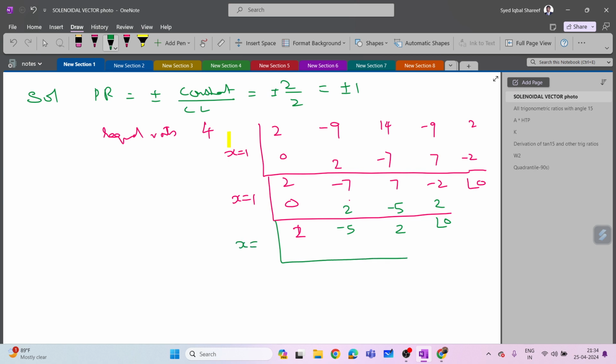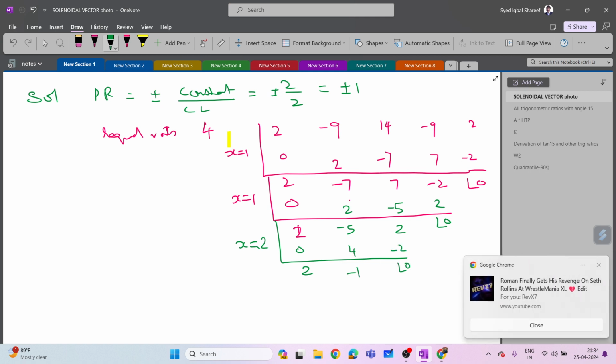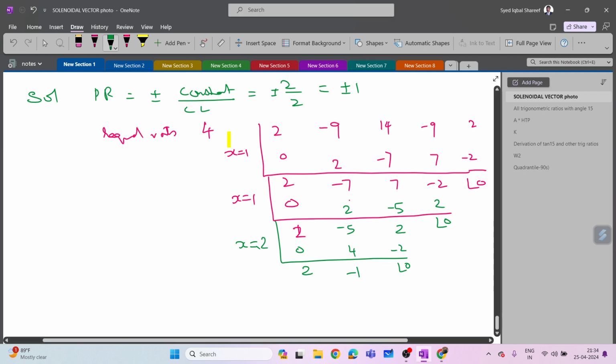Now I will take x equal to 2. 1 times 2 times 2 is 4. Minus 5 plus 4 is minus 1. 2 times minus 1 is minus 2. Plus 2 minus 2, gone. Now what shall I take?